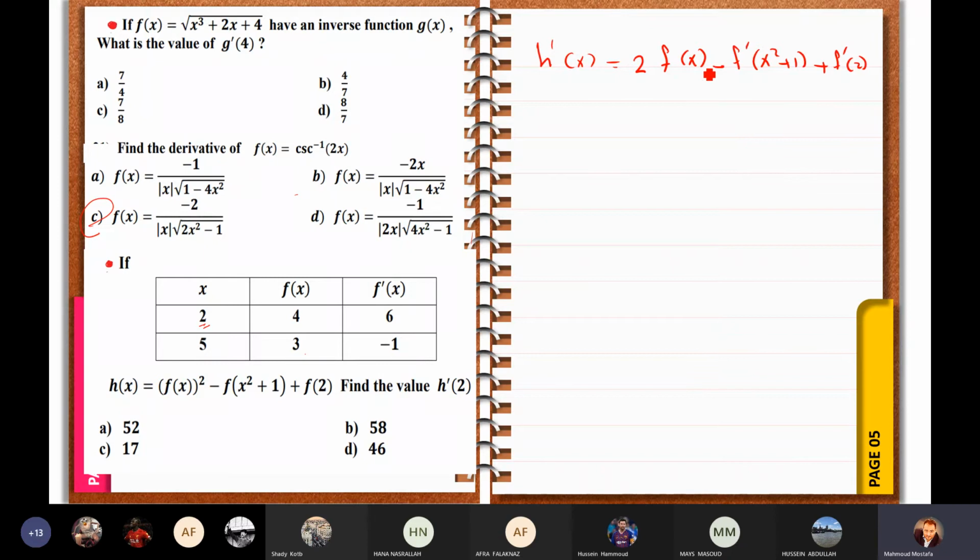Here is 2f multiplied by f prime also, right? For f of x squared, the derivative will be 2f of x multiplied by f prime of x.